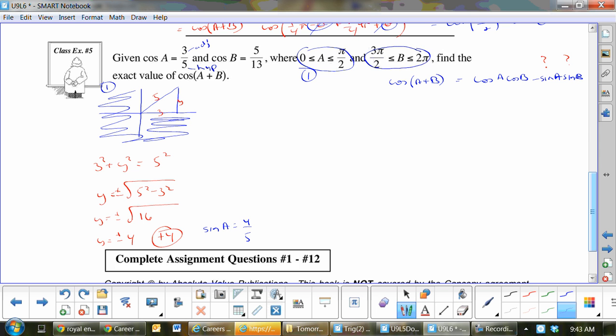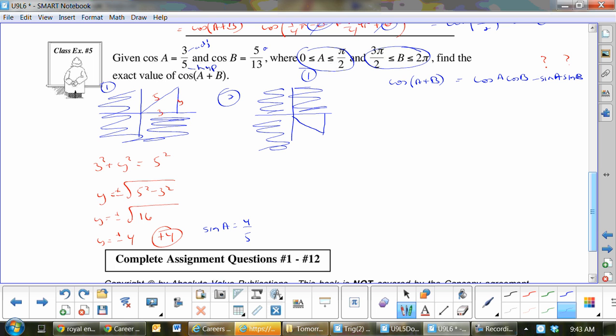number 2, where B is between 3 pi over 2 and 2 pi, so I am there. Okay, again, draw your triangle always to the x-axis.